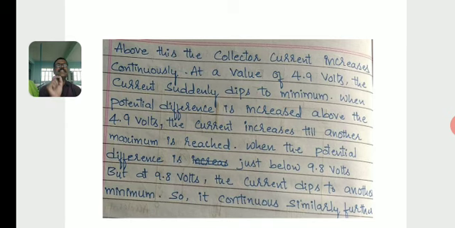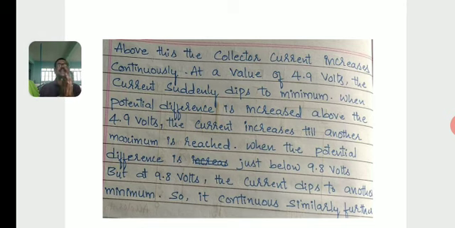When the potential difference is increased above 4.9 volts, the current increases till another maximum is reached, just below 9.8 volts. At 9.8 volts, the current dips to another minimum. It continues similarly further.